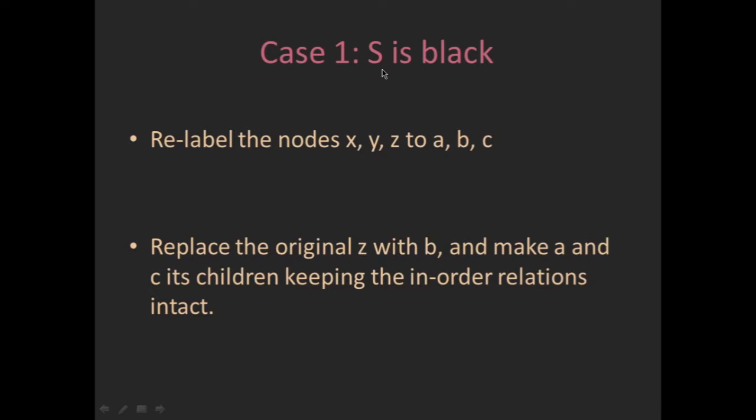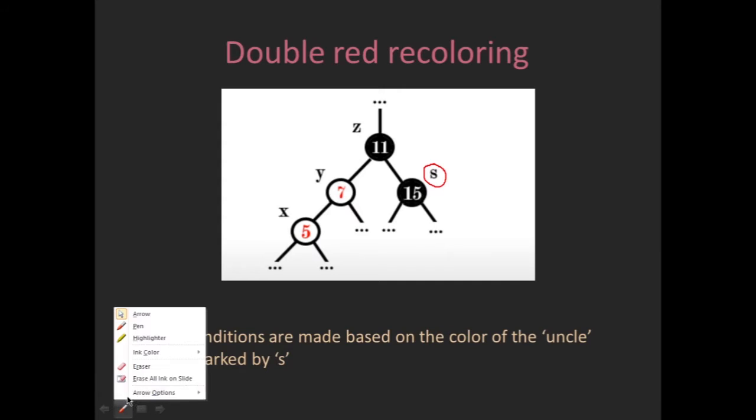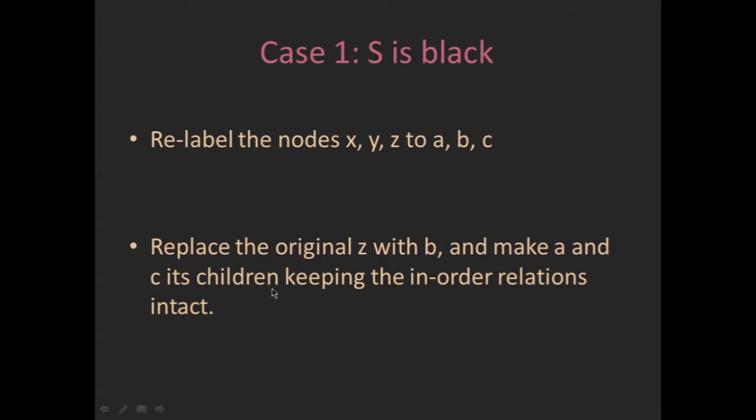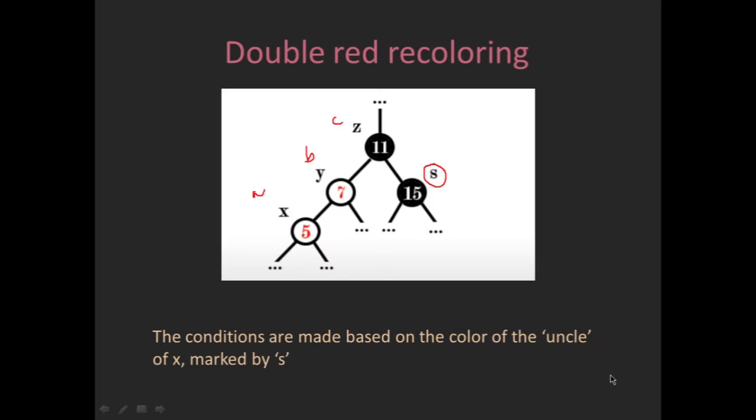So for the first case, when the uncle is black, we will relabel the nodes X, Y, Z to A, B and C, and then we will replace the original Z with B and make A and C its children. So we will replace this node with this node, and we will keep the in-order relations intact.